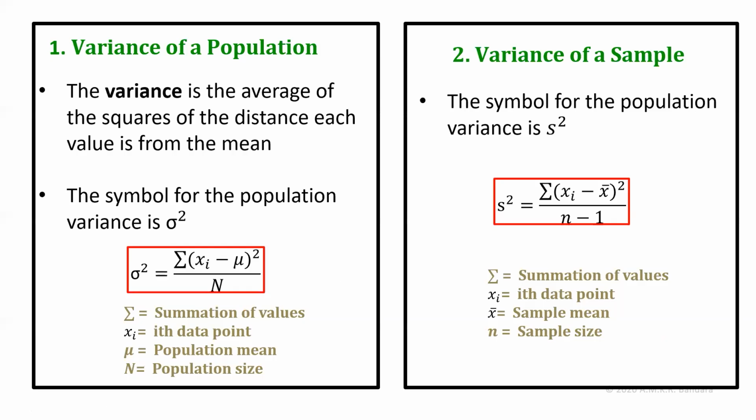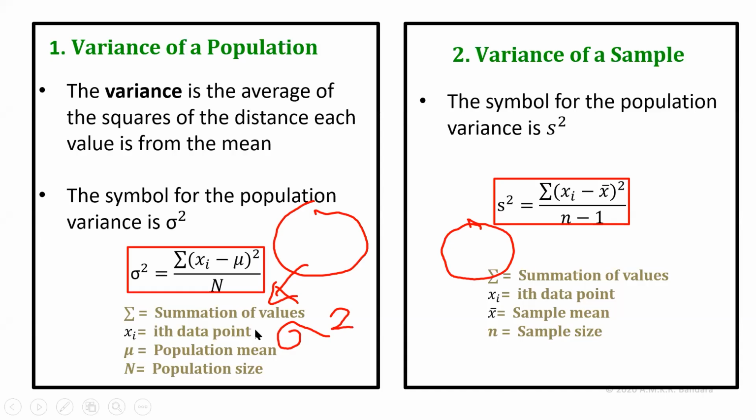As you know, we have two sources of data. Our data set can come from a population or a sample. If our data set is from the entire population, the variance calculated from that data set we represent using sigma square, and the formula used to calculate the population variance is summation xi minus x bar square divided by n.